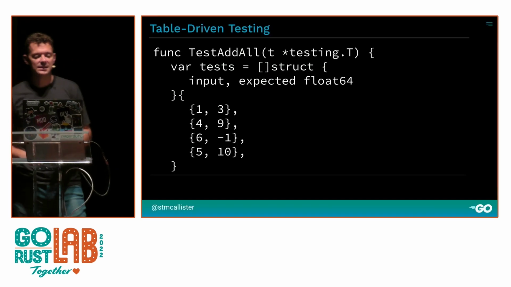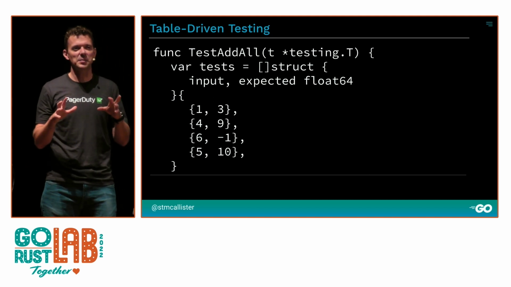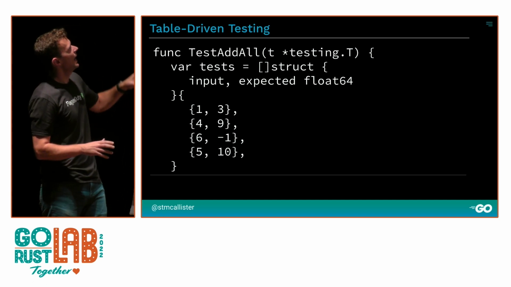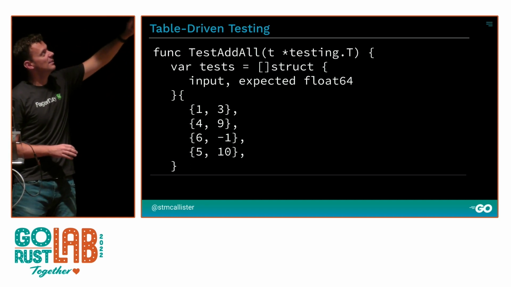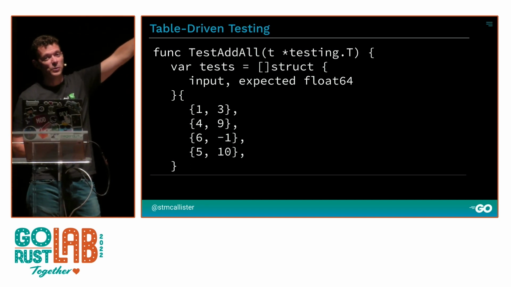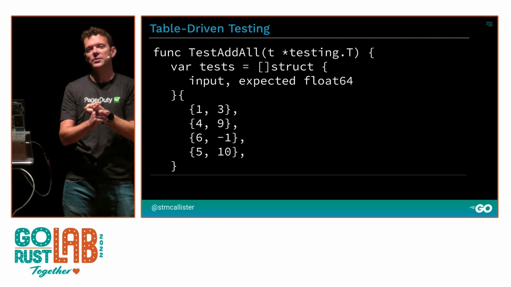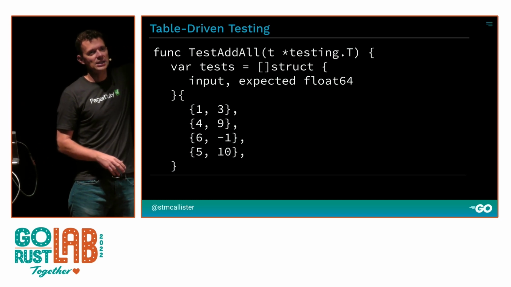And so with subtests, we can start doing something called table-driven testing, which is a concept that is pretty unique to Go, at least as far as I've understood it. It happens because we can take a slice of structs and define that struct with some expected values. So we have an input and an expected output value, and then we can list those values all in a list here.